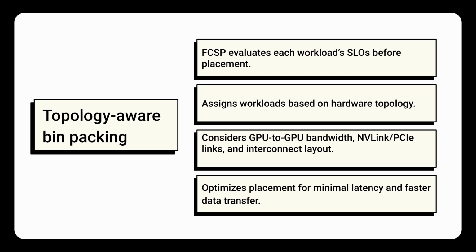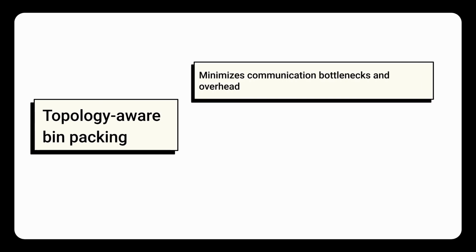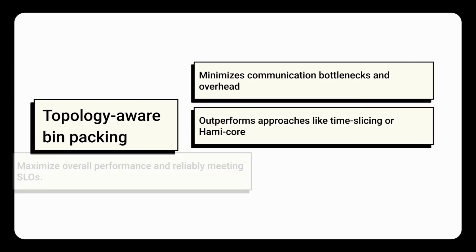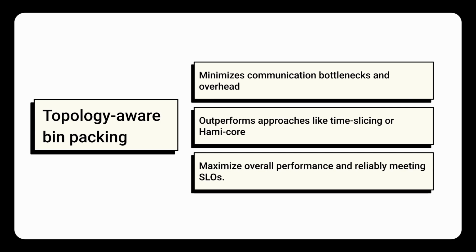By considering both the underlying hardware topology and each workload's requirements, FCSP can deploy multiple models or workloads across available GPUs in the most efficient way possible. This minimizes communication bottlenecks and overhead, outperforming approaches like time slicing or Hami-core, while maximizing overall performance and reliably meeting SLOs.